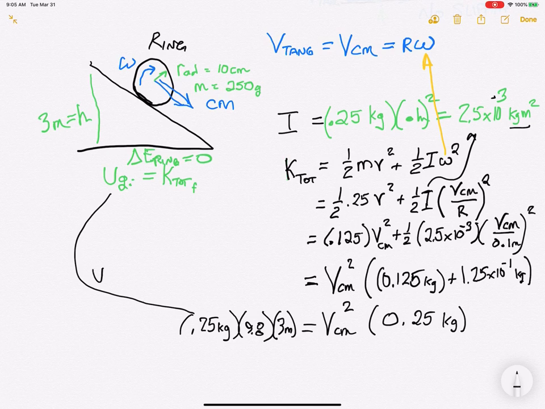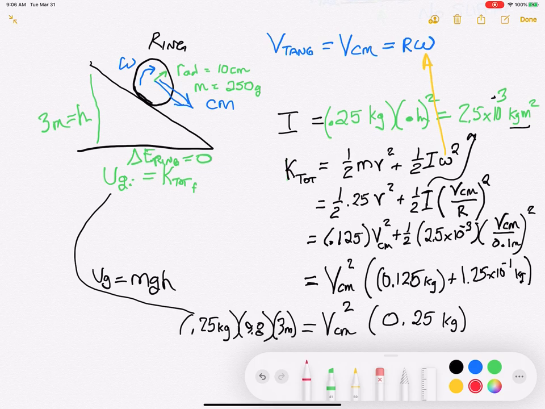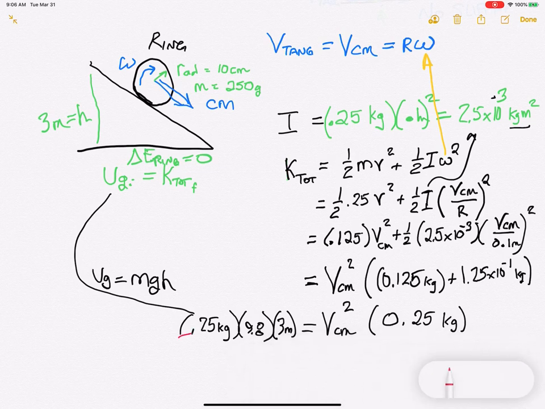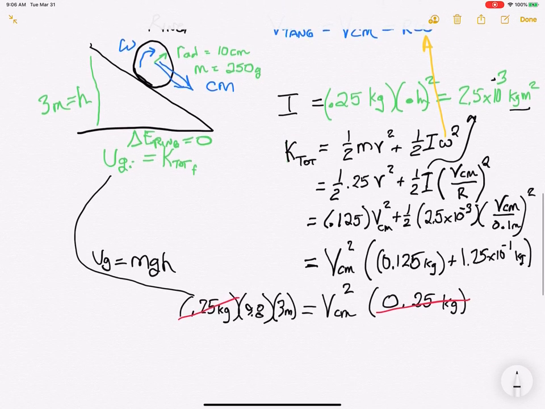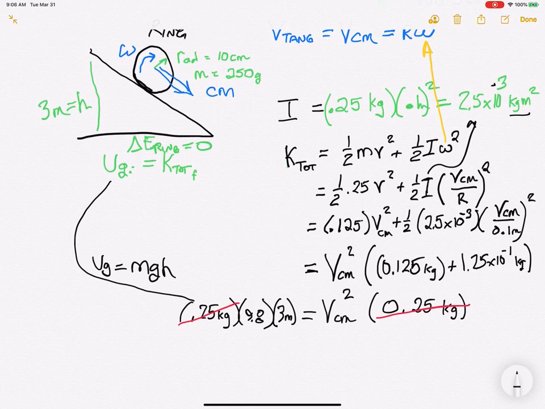So this is just remembering that U_g is equal to mgh. Oddly enough, and this will not happen very often, I'm going to be able to cancel out my masses. That's just unheard of, actually. And then the velocity is going to come in to be units of meters per second.